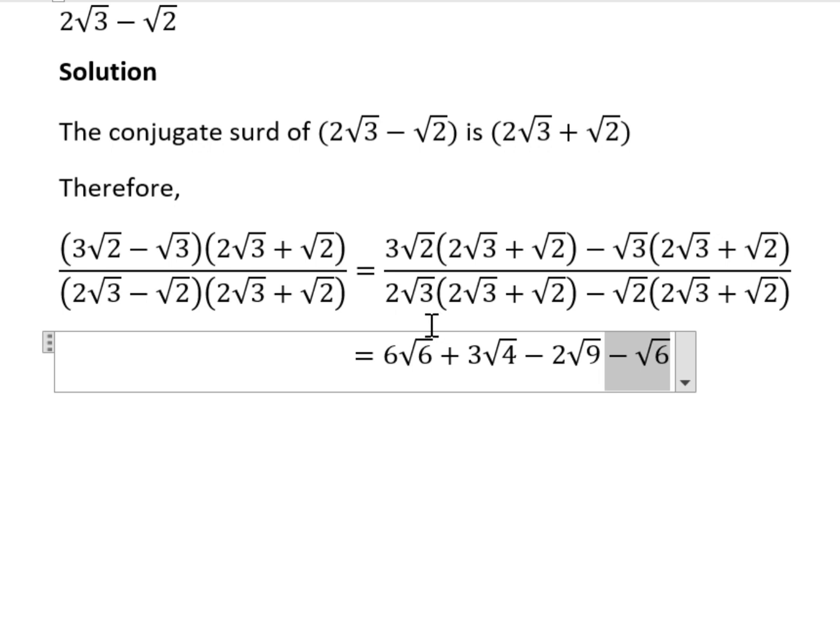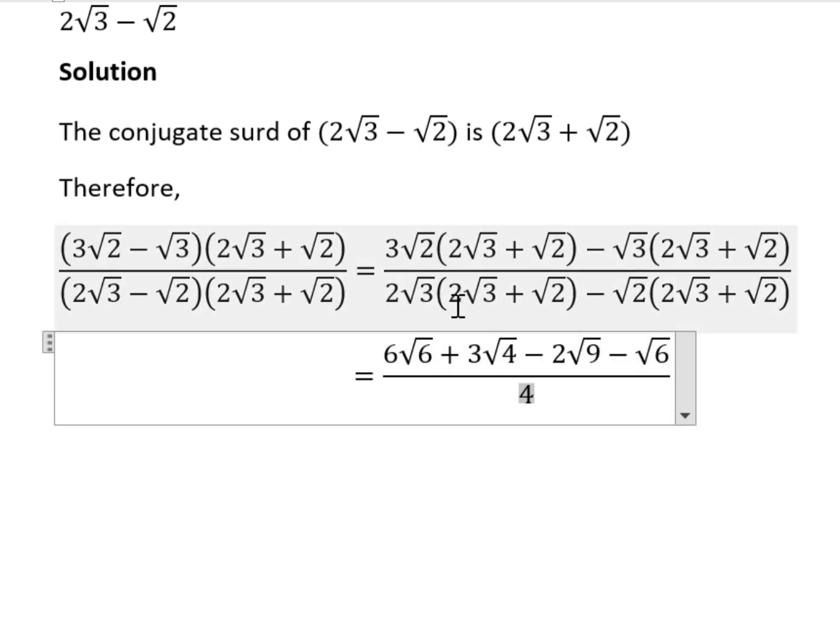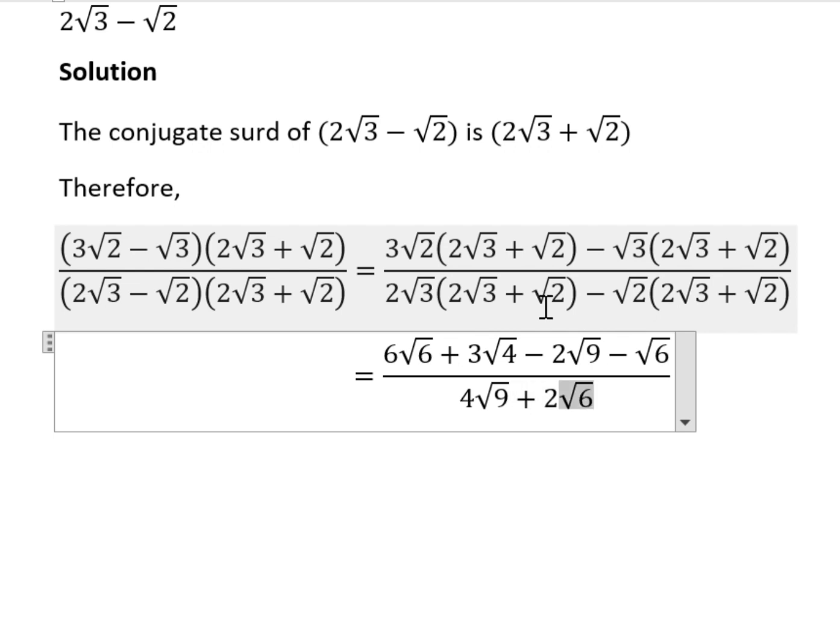Then we do the same on the denominator. We have 2 times 2 giving us 4. Root 3 times root 3 giving us root 9. And then 2 times 1 gives us 2, so plus 2 here, and root 3 times root 2 gives us root 6. Then we come to this one, minus root 2 times 2 root 3.